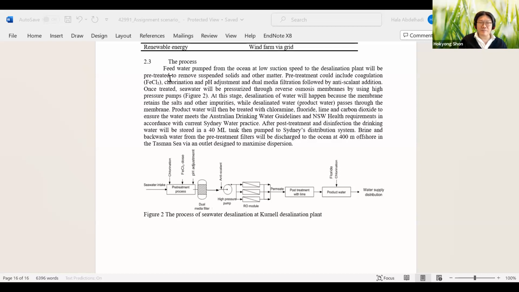Also, we need a second pass because of the boron concentration or better water quality of the seawater total dissolved solid. So based on these two information, you can design second stage and second pass. The recovery rate is 45%. First pass 45%, second pass around 85 to 90%.